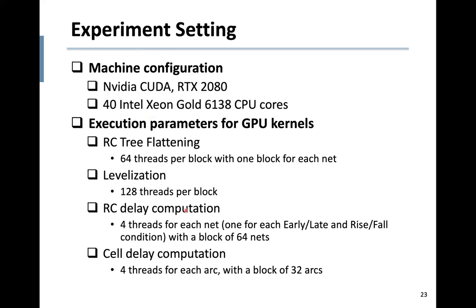Here is the execution parameter for our GPU kernel. I'm not going to dive into this because the parameters can be tuned for different GPU architectures. But essentially we have 4 kernels, one for RC tree flattening, levelization, delay calculation, and cell delay computation respectively.